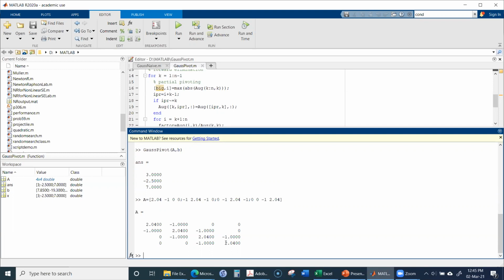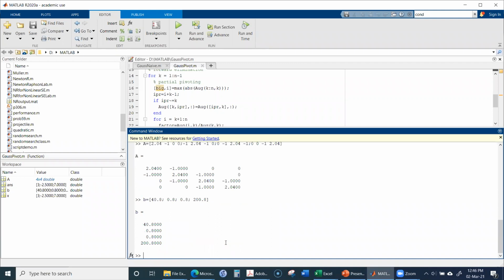If this is the matrix A, then matrix B is 40.8, 0.8, 0.8, 200.8. I need to put semicolons to show it as a column matrix, so it will be B.